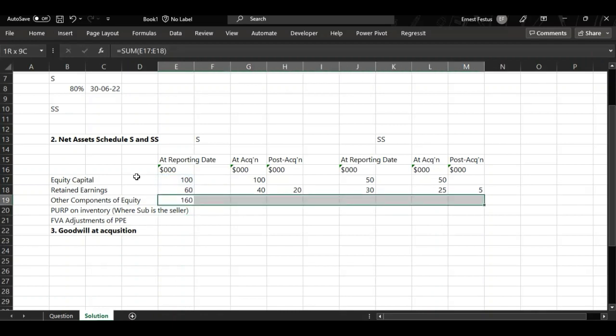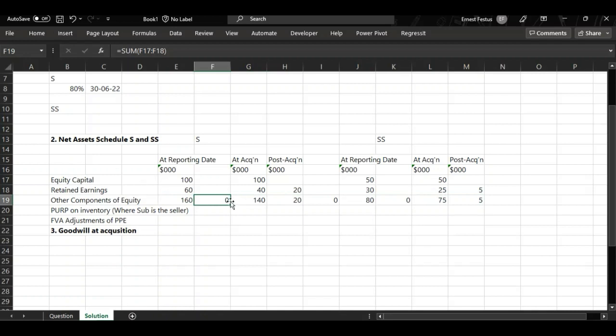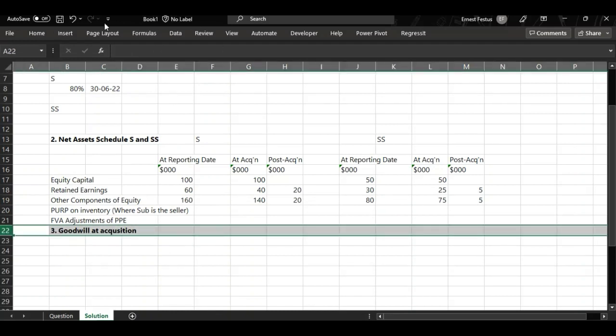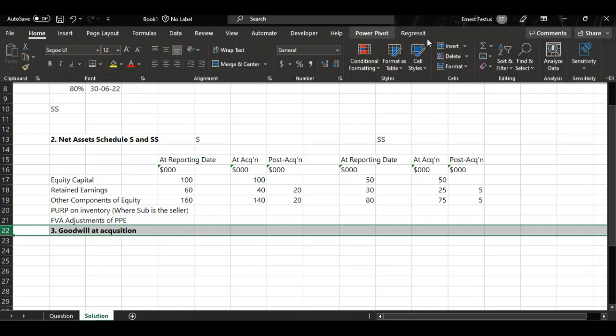I'll just copy the formula across and then it sums everything for me. Now we are not interested in these ones. Holding control, I can select all these ones and delete.